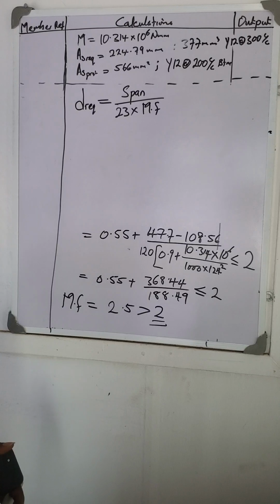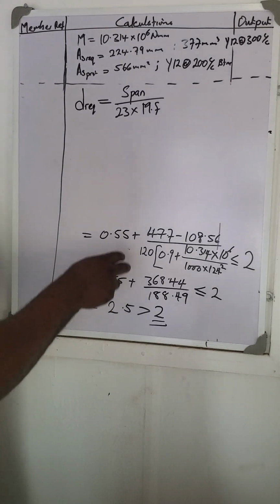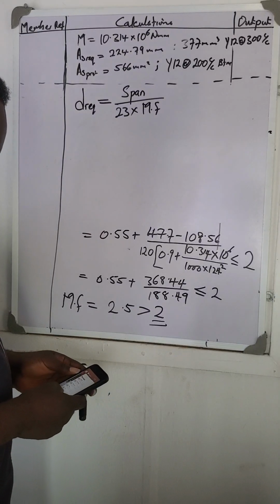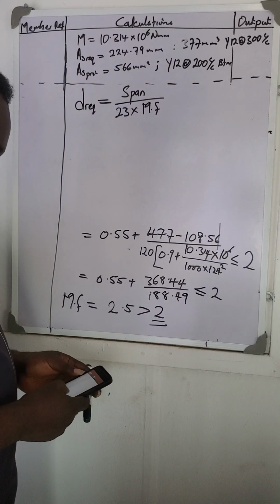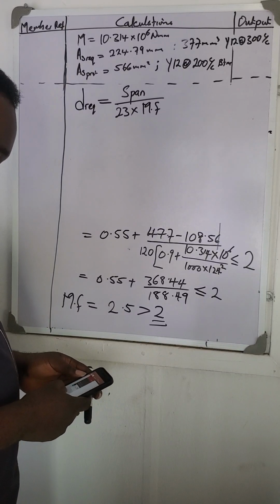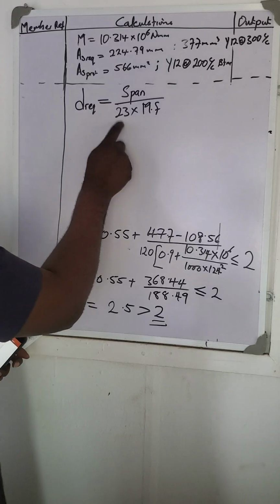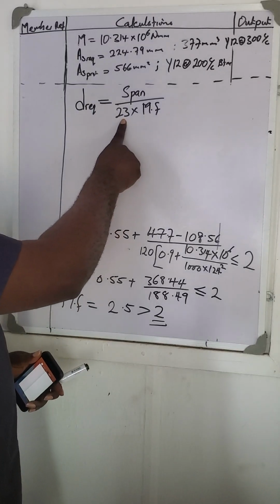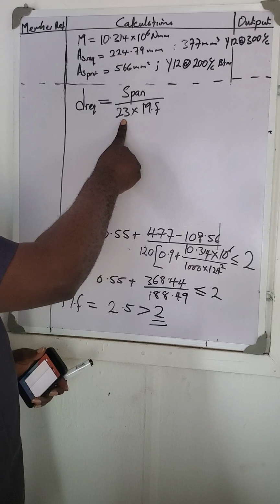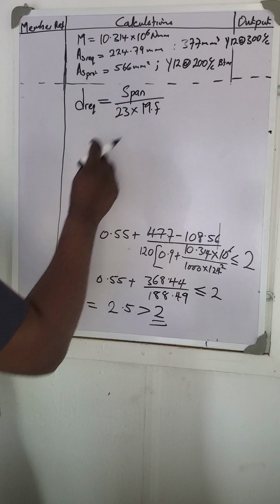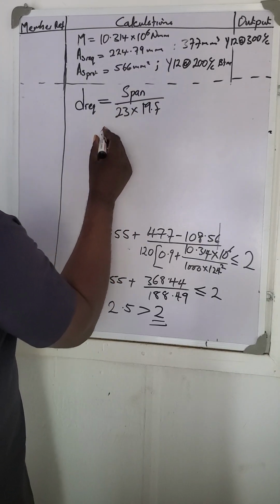But let me check the code again to be sure of what I'm saying. I will correct that if it's wrong. But for me, I'm using 23 because the slab spans in one direction only. So I'll update this.